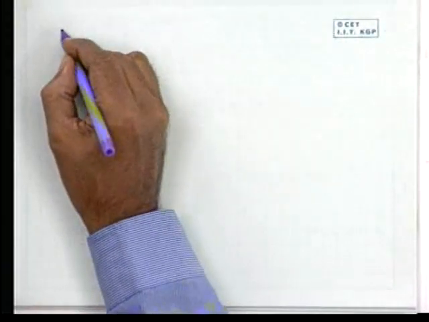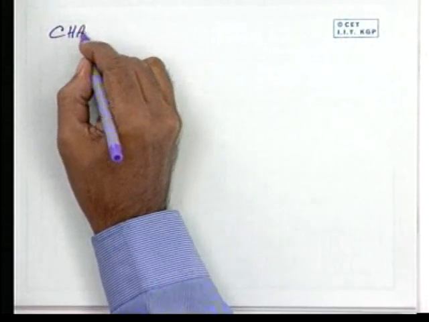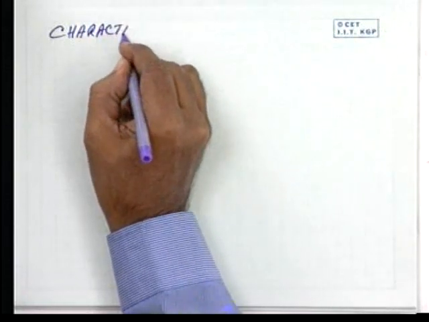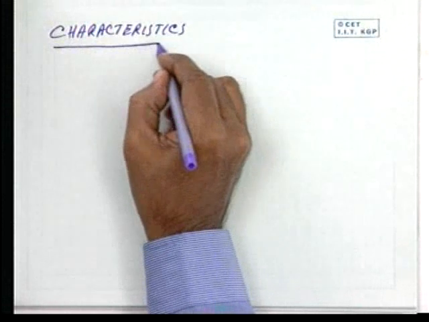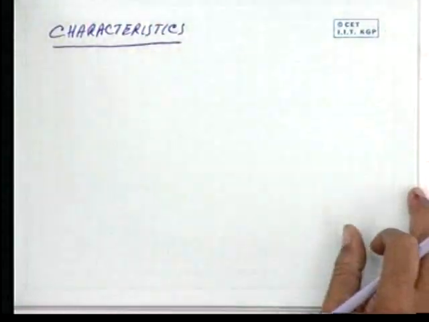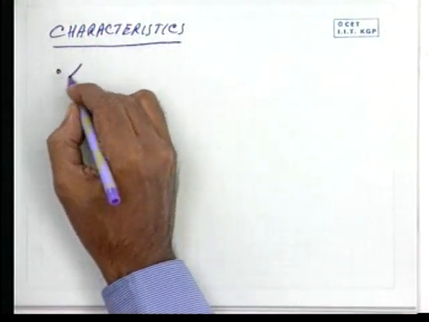Let us see the key features or characteristics of the communication for wide area networks through satellite. First of all, there is a long delay.